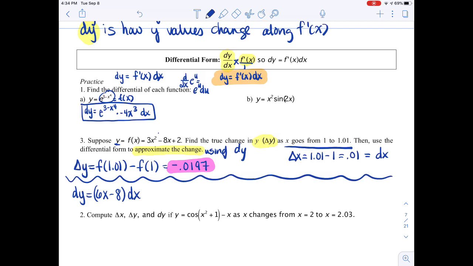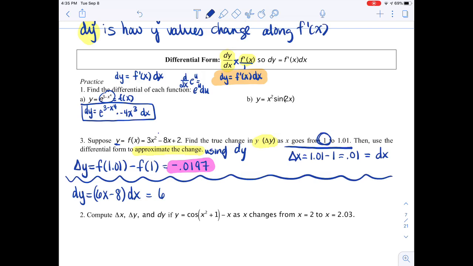Okay, so our approximate change in y is going to end up being this dy. So we're going to plug in 6 times x. The x that we are focusing on is x equals 1. I don't know if this is the best way of putting it, but look at the easier of the two values to do a calculation. Is it easier to calculate a value with 1 or 1.01?